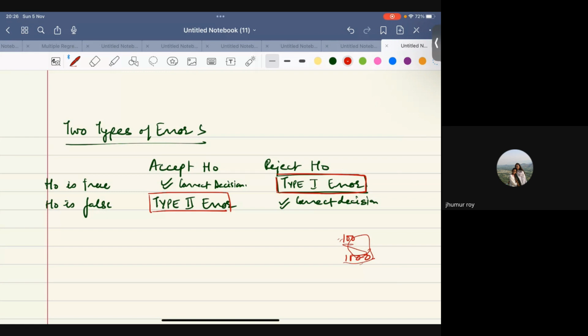So now, according to this, we have many different kinds of tests. I can't do all of them, but you will have something called the Z test, then the T test, the ANOVA test, and the chi-square test.